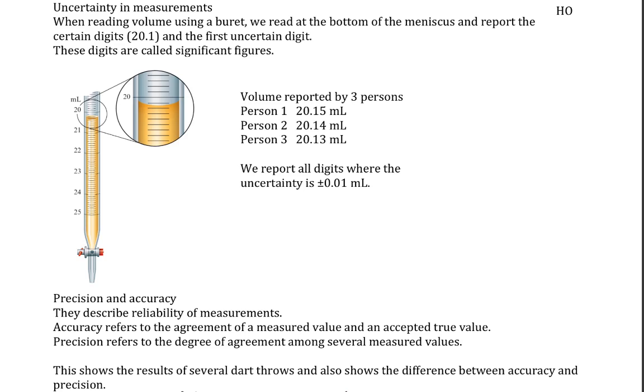But everybody would agree on the 20.1 part. So we're reporting 4 digits, and our uncertainty is to the last one. So our uncertainty is plus or minus 0.01 ml.